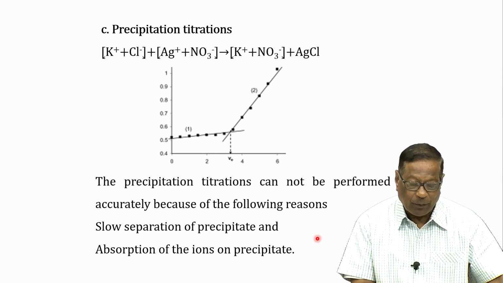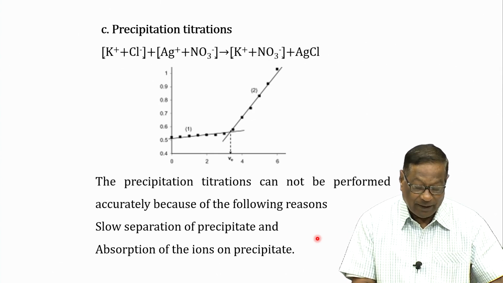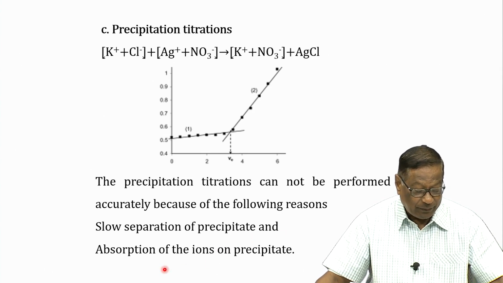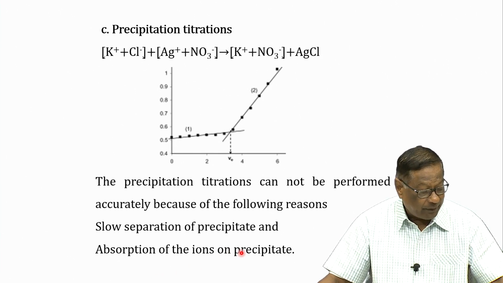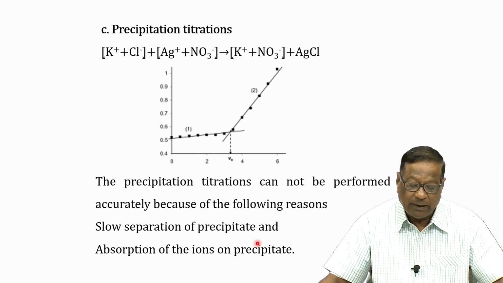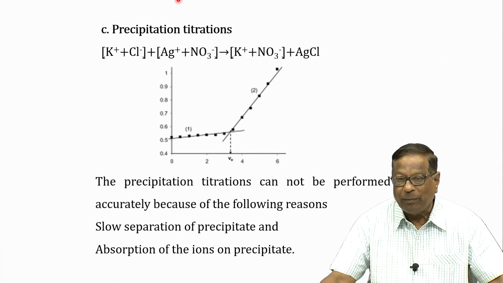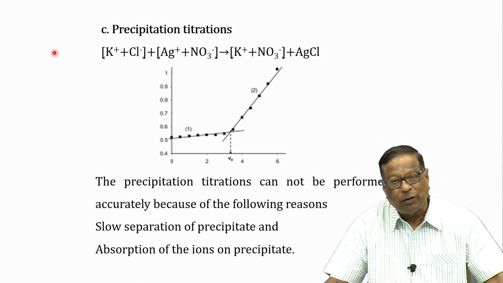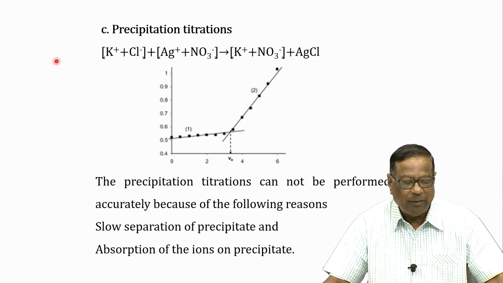So, this is one complication we expect, especially in precipitation reactions. Sometimes ions get adsorbed on the precipitate. That is why, whenever we do a precipitation reaction in normal gravimetry, we wash it with a lot of water, especially barium sulphate.